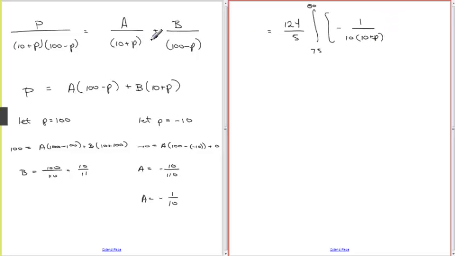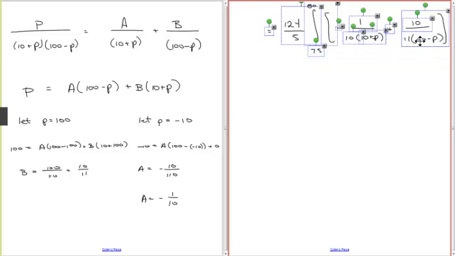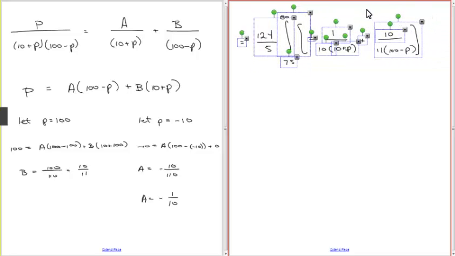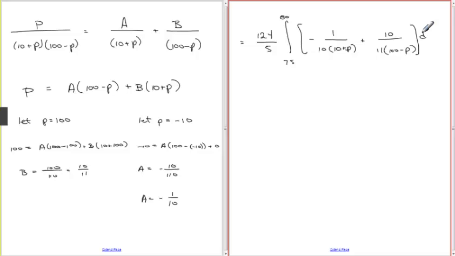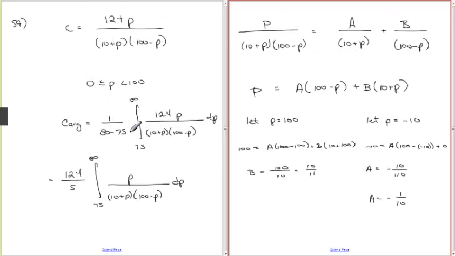And then the second term is B, which is 10/11, so we get plus 10 divided by 11 times (100 minus p). And everything here is multiplied by dp. So if we go back, we had this integral right here. By using partial fractions, we can break it up into two terms.